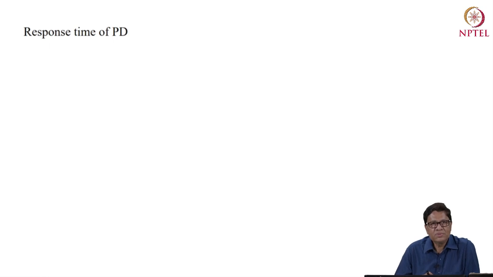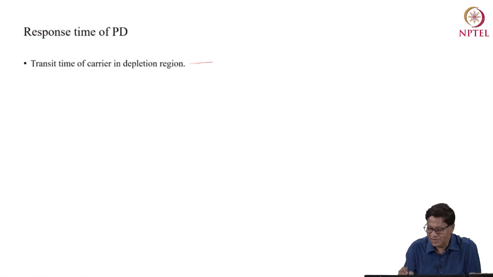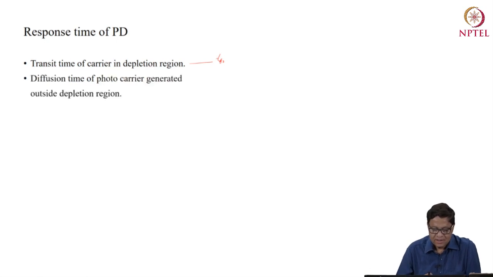So now, just to put things in perspective, the total response time of the photodiode depends on the transit time of the carrier in the depletion region. This we have seen, this is a function of tr, the transit time. It also is a function of the diffusion time of photocarriers generated outside the depletion region.